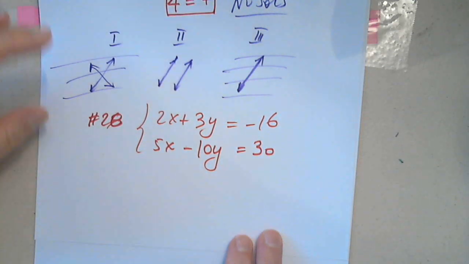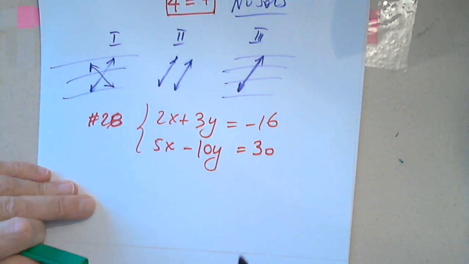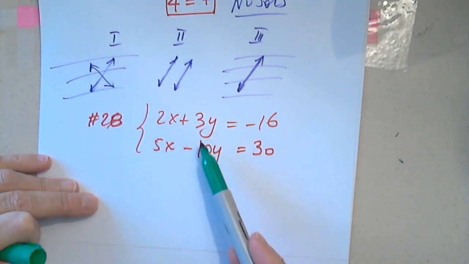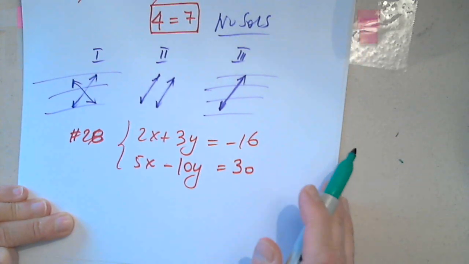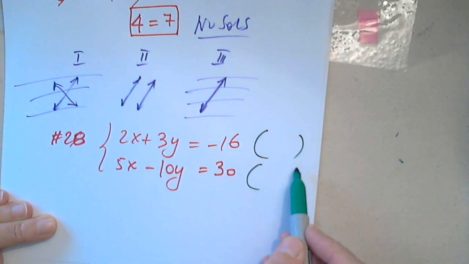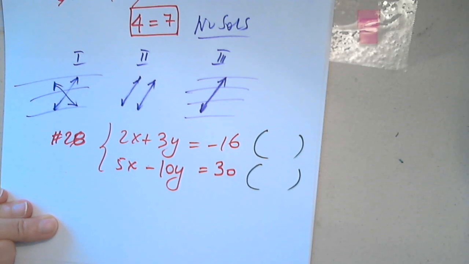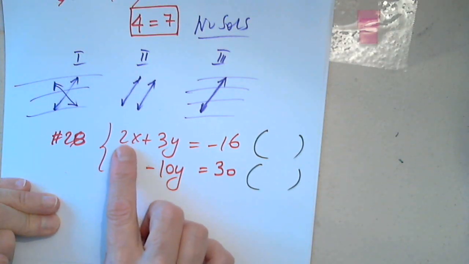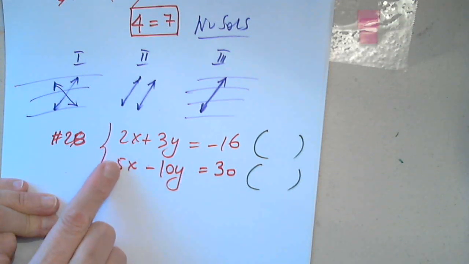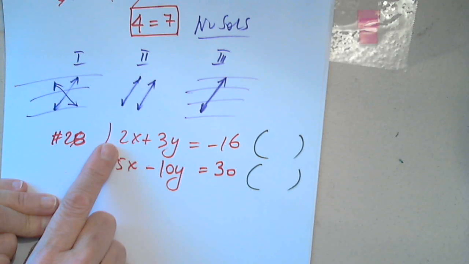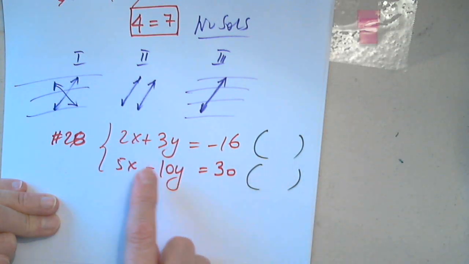But then elimination will. But regardless of what we decide to eliminate, we will have to multiply both equations by a number. A different number, of course. So if we decide to eliminate x, then the least common multiple here is 10. So I need to multiply this by 5 and this by 2.